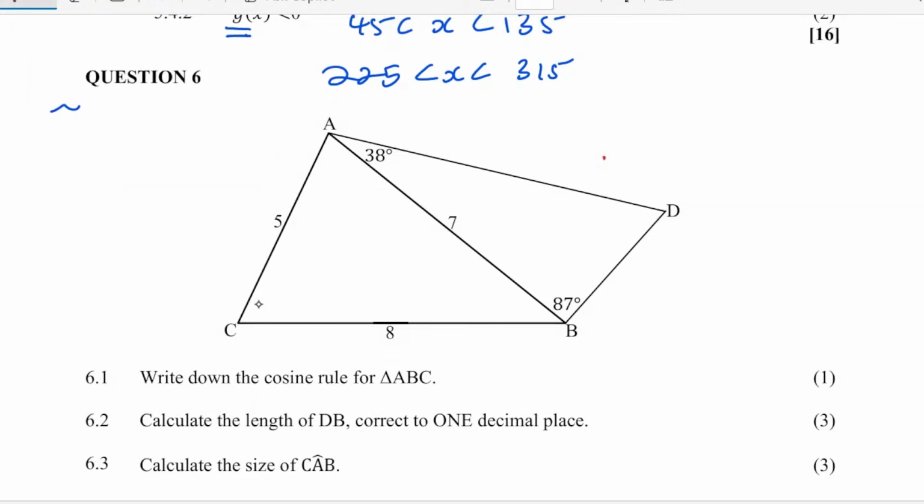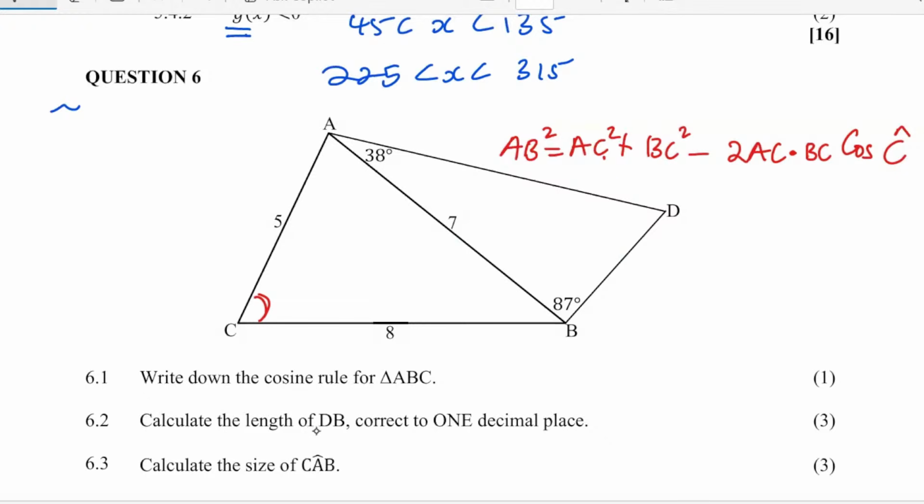So if I focus on angle C, meaning that our opposite side is AB, so I'll say that it is AB squared is equal to AC squared plus BC squared minus twice AC times BC, the cos of C. Okay, so that is the cosine rule.